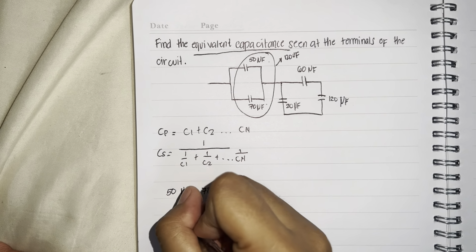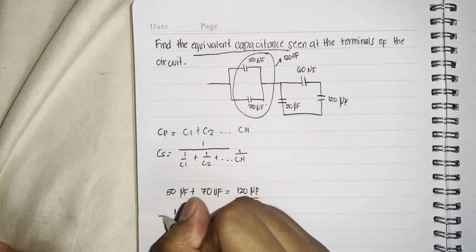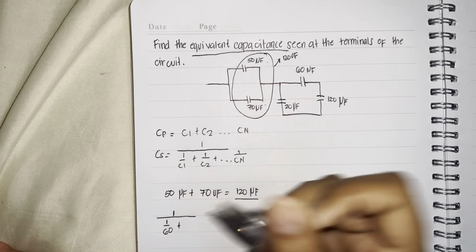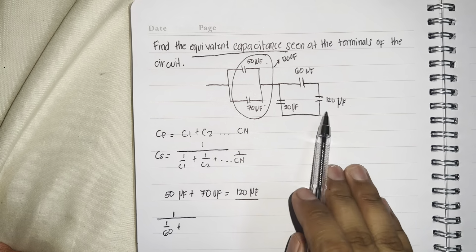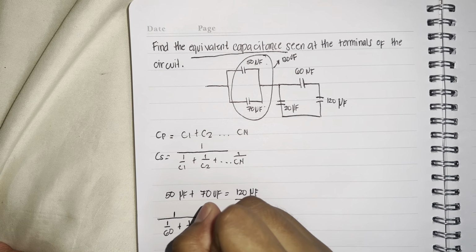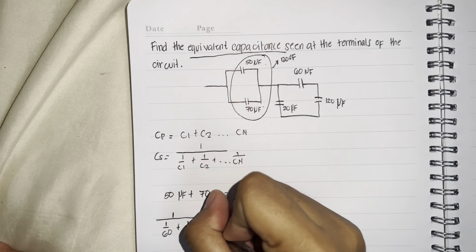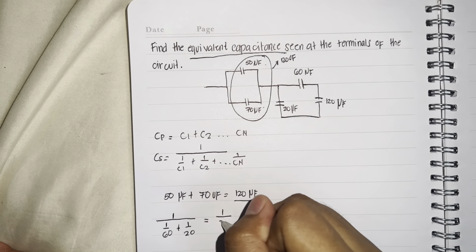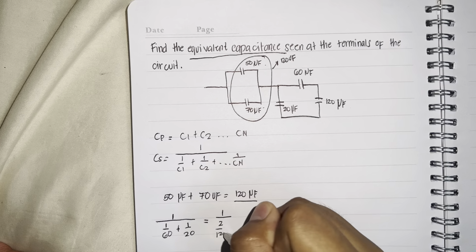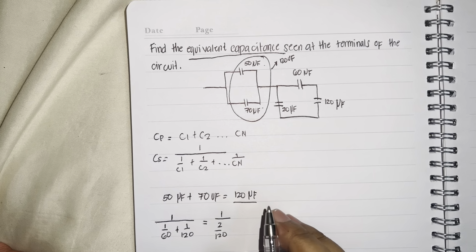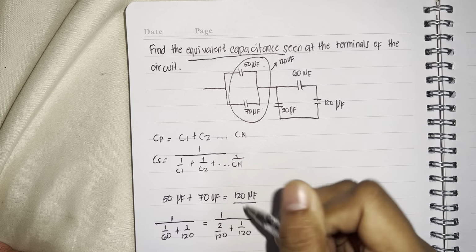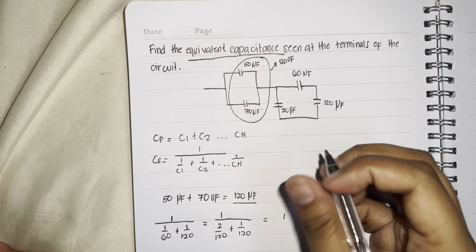So 1 over 60 plus 1 over 120, sorry, this is 120, plus 1 over 120.